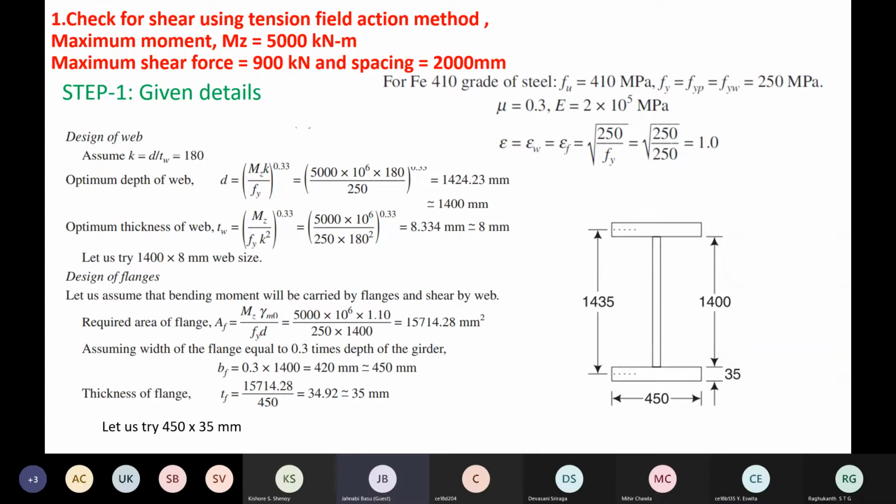And here you can assume Bf as 0.3 of the depth of the web. So Bf you can get as 420 mm. After this, Af by Bf, you will get the thickness of the flange. So here you can take it as 450 by 35 mm as flange size. So if you are getting these values, just let us know, then we will move to the next step.